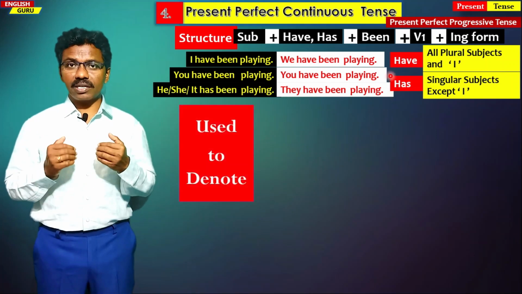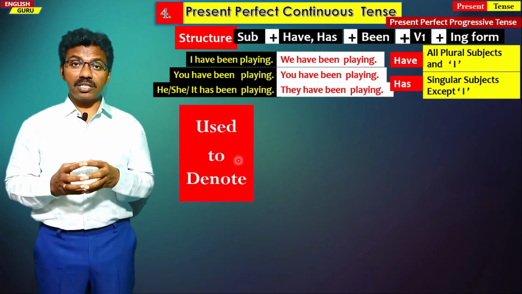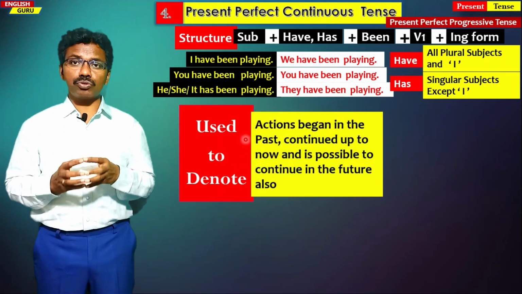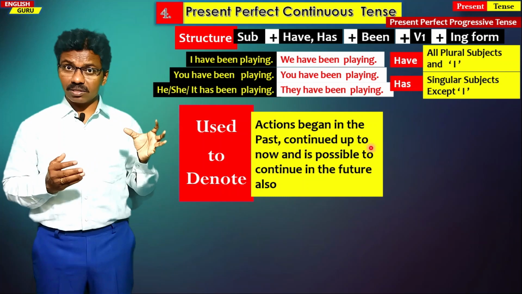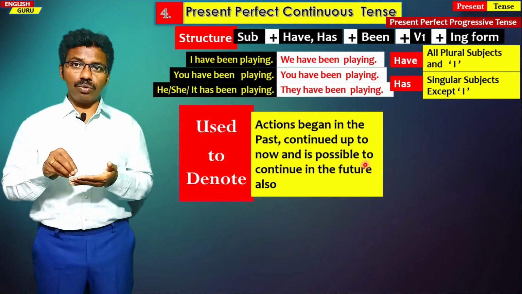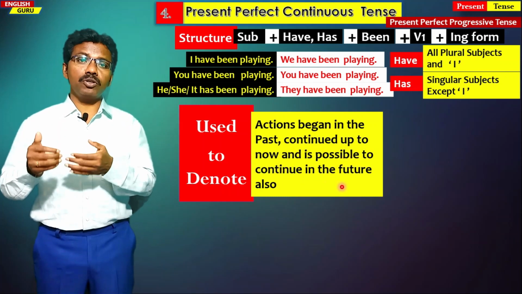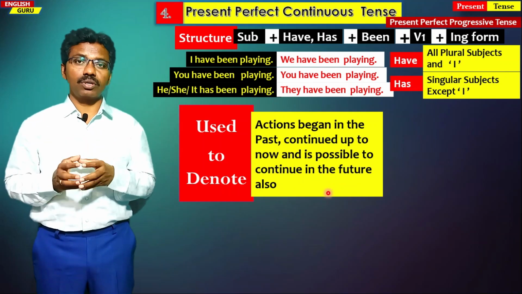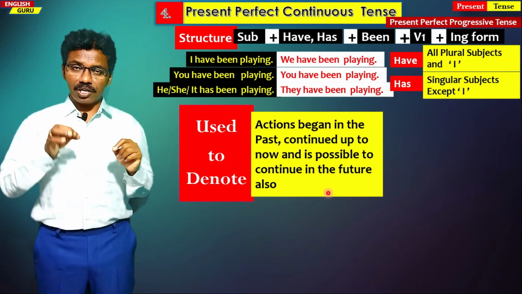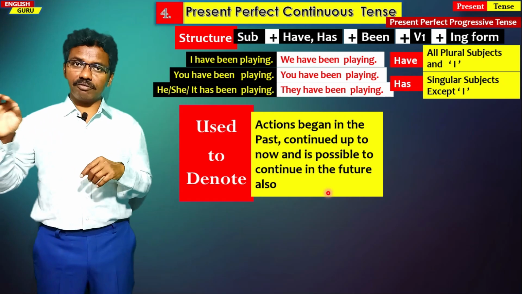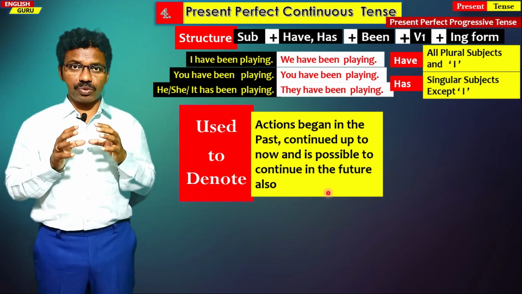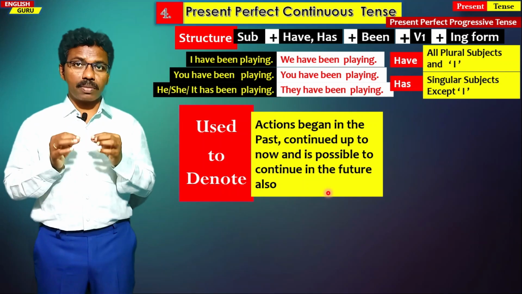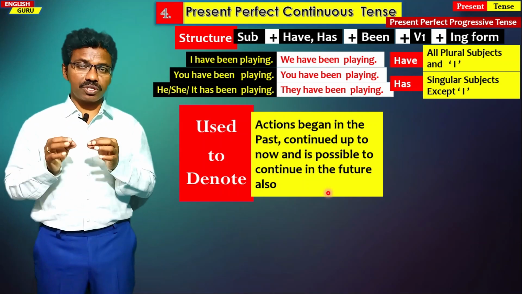This particular tense is used to talk about or denote an action begun in the past, continuing up to now, and it may be possible to continue in the future also. So started in the past, continuing now, it may continue in the future also. For such kind of situations, we use present perfect continuous tense.